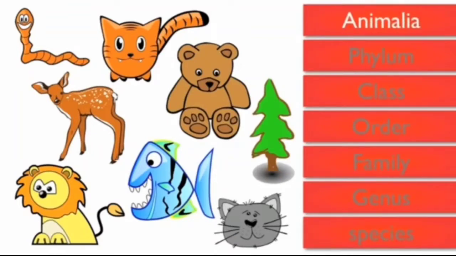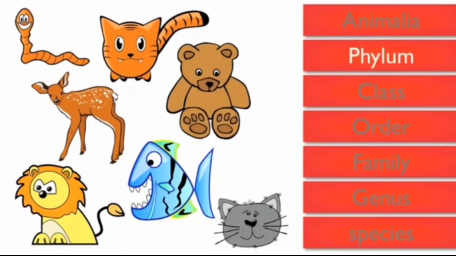The kingdom of lion is Animalia, so the tree in here is eliminated. Second level is phylum. The phylum of lion is Chordata. It means the animal with the backbone, so the worm is eliminated.